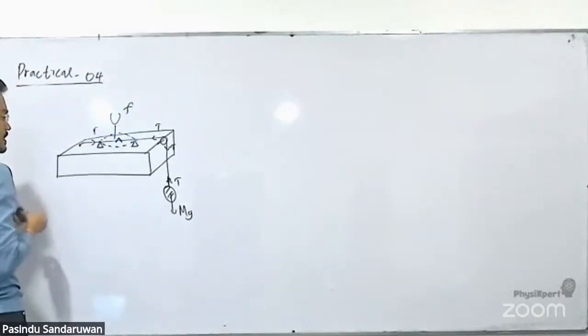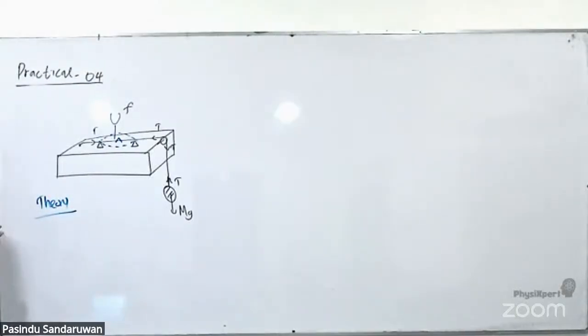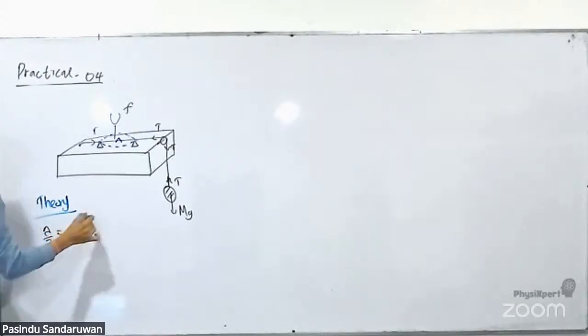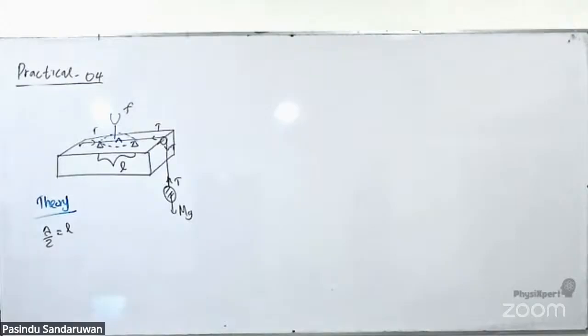I'm not going to label here again. We have labeled before. So the theory is more or less the same now. We know this is lambda over 2, let's say this length is L now, right?